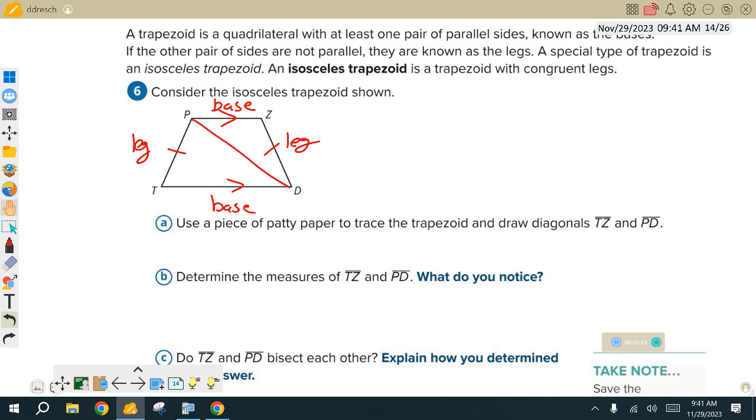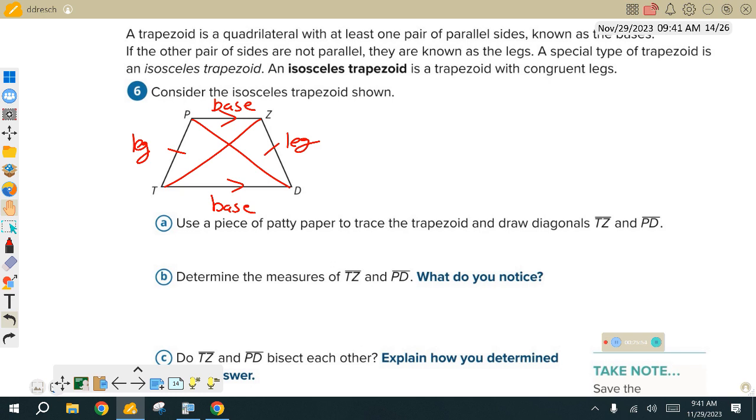In that isosceles trapezoid, okay, we got our diagonals. Alright? They intersect, but there's not much more going on with the intersection of the diagonals, but there's one thing that does go on with them. We've got three things that we've been looking at. Congruent, perpendicular, and do they bisect one another? Anybody want to throw out what you think is happening here with the diagonals of the isosceles? Congruent.